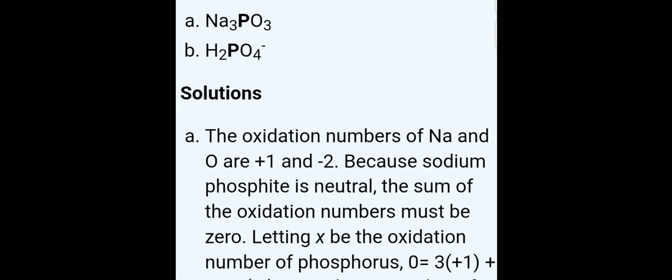So phosphorus has +5. So -6 and +5, the answer is -1. That's why the whole species has -1 charge.